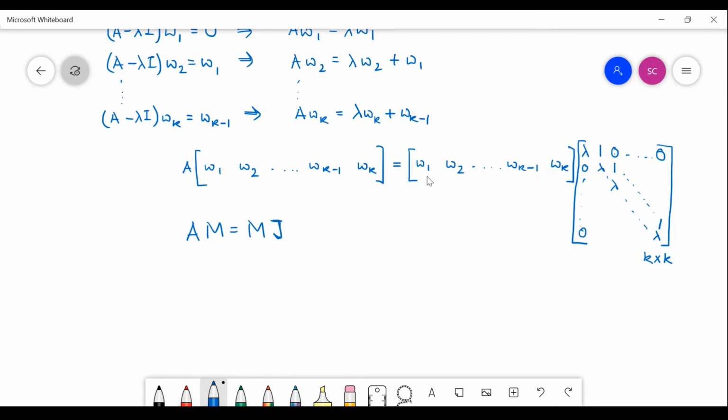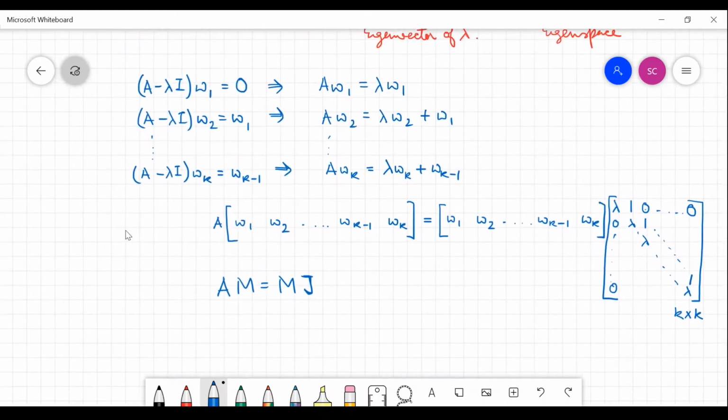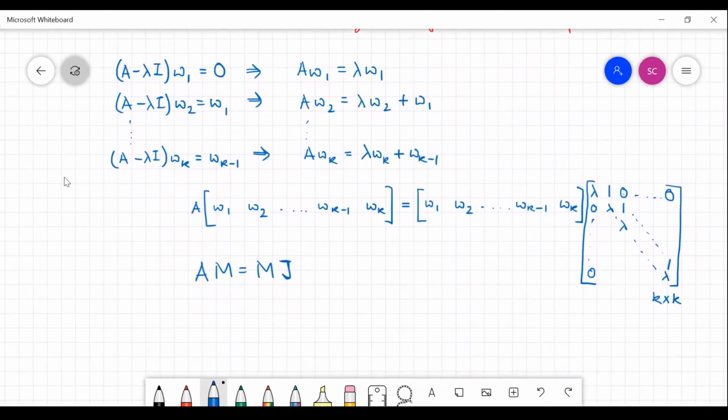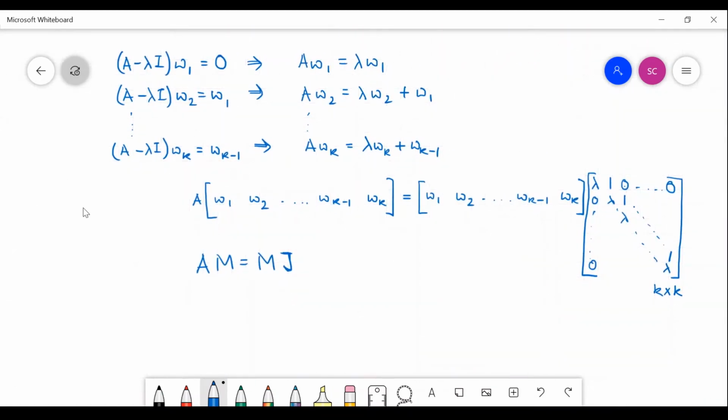So in this way I can prove that if I am able to generate the generalized eigenvectors starting from the initial eigenvector, which I can easily form, then this series of eigenvectors would compose the modal matrix, which would give me a Jordan block.